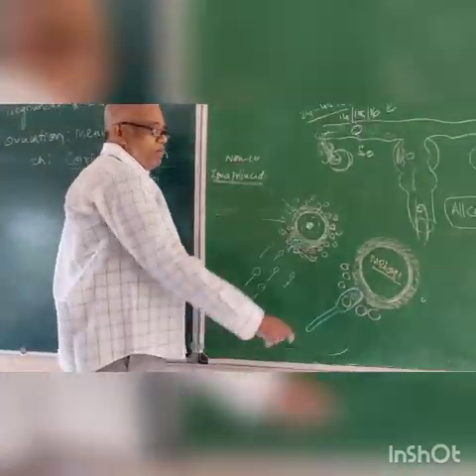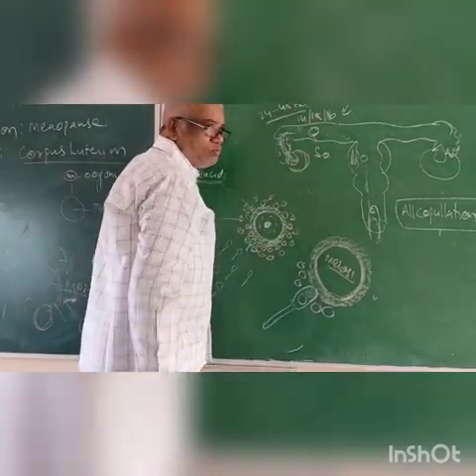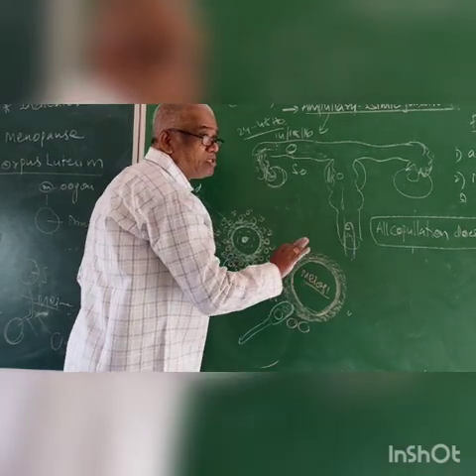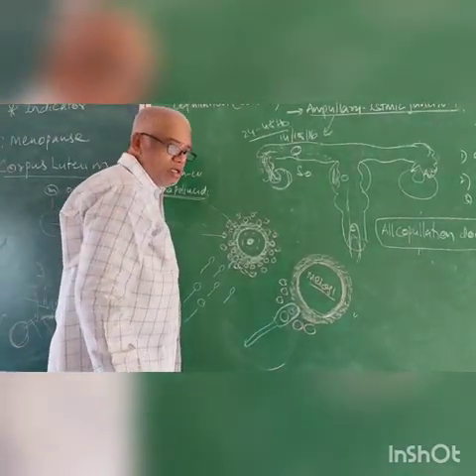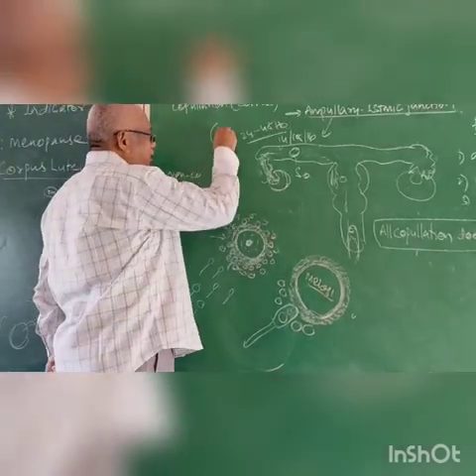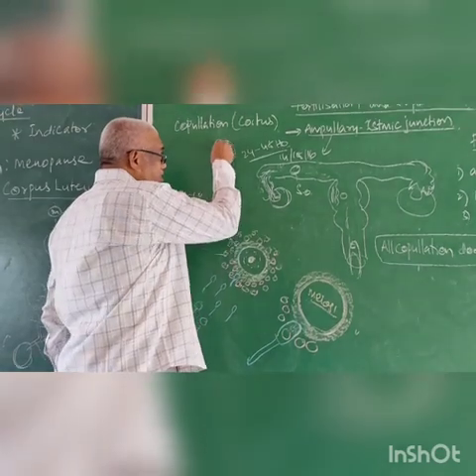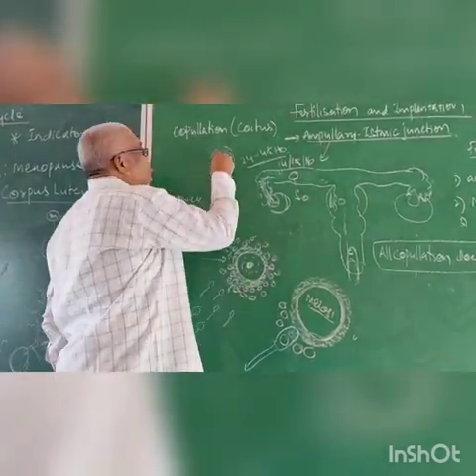That means if fertilization does not occur, the secondary oocyte remains as a secondary oocyte, and meiosis does not occur. That is the bleeding in the menstrual cycle, where the egg is degenerated. That egg is not an egg, it is a secondary oocyte.